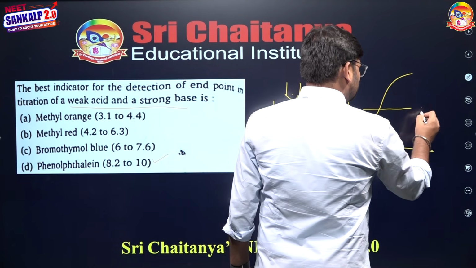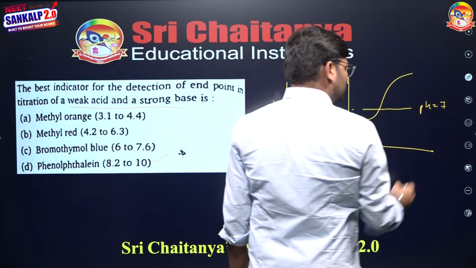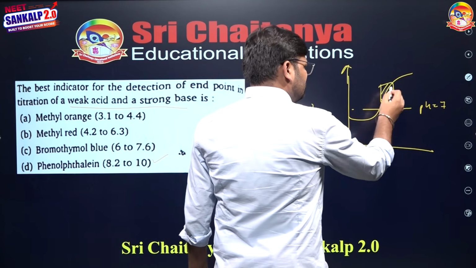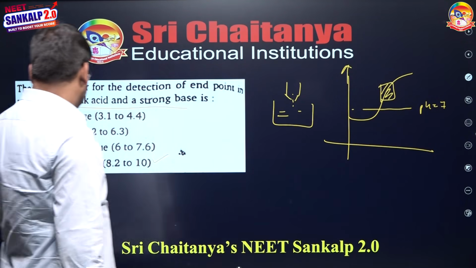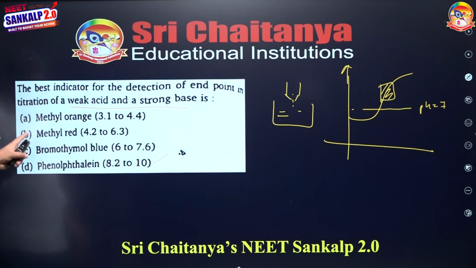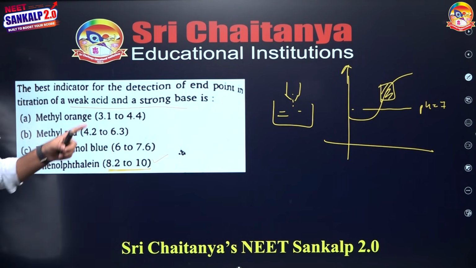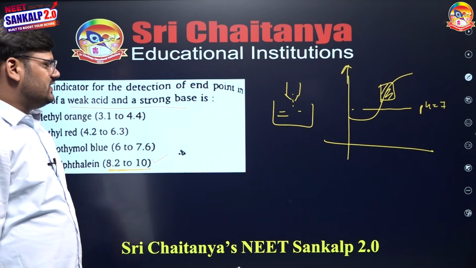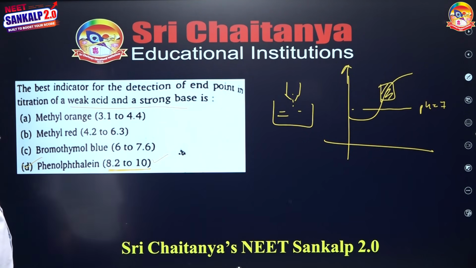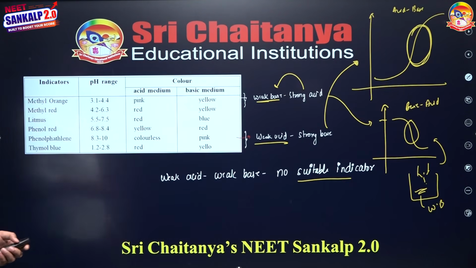This will be some pH above 7, so any indicator which lies in this region can act. If there is no phenolphthalein, then we can also use bromothymol blue, but phenolphthalein will be better because it has a much closer range to the equivalence point for weak acid and strong base. Clear? Okay.